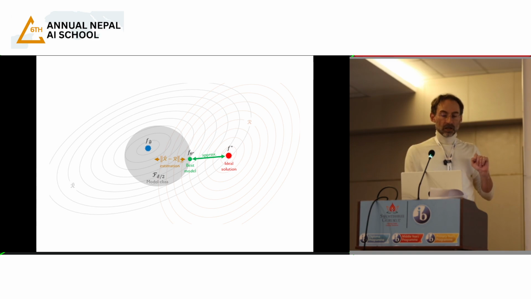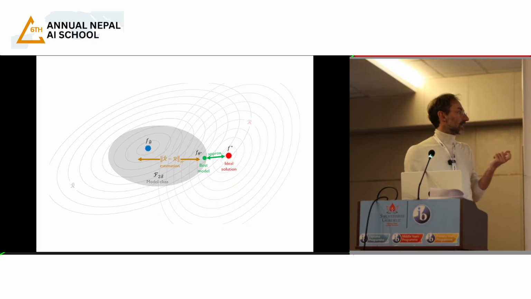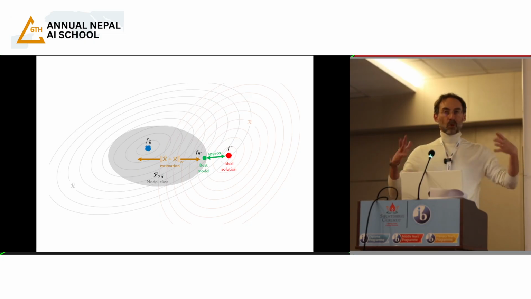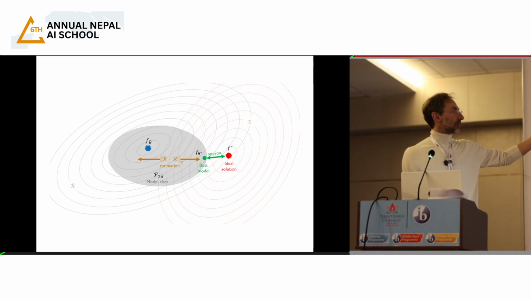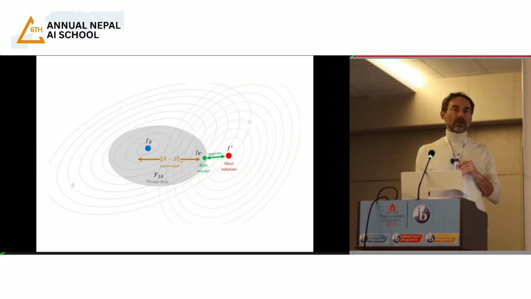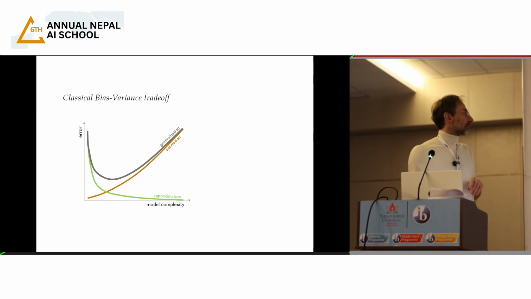You see it? If I make the class bigger, it's the other way around. I decrease the approximation error because now I have more functions to choose from. But of course, the difference between the r and r hat now needs to be taken on a bigger set of functions. So we often see it in the form of these trade-offs.